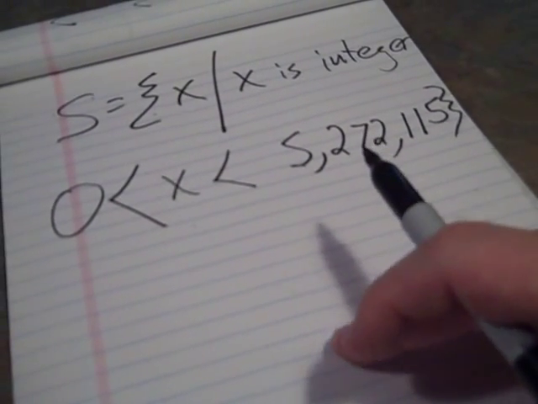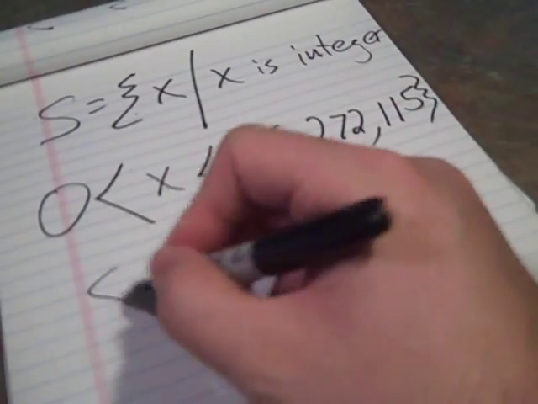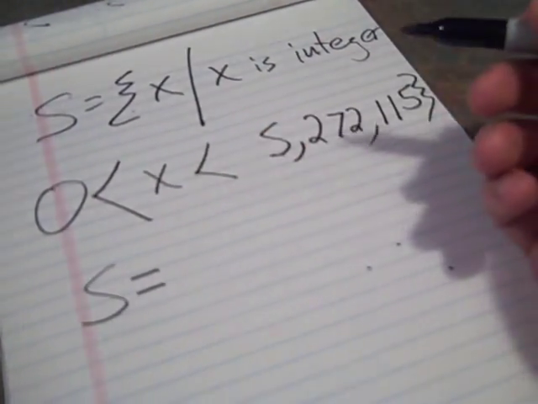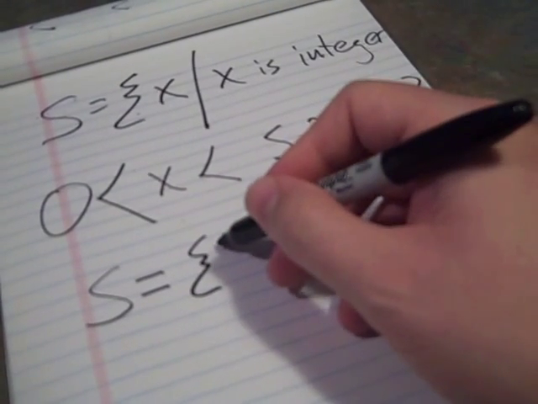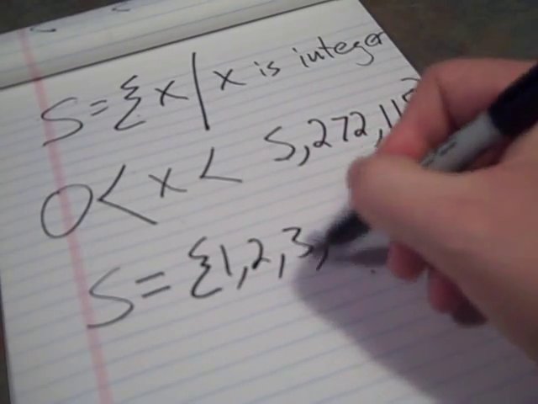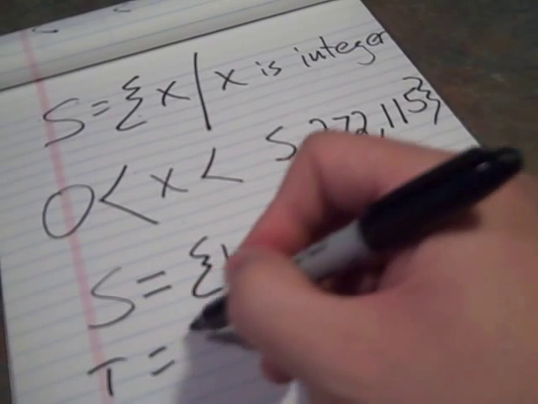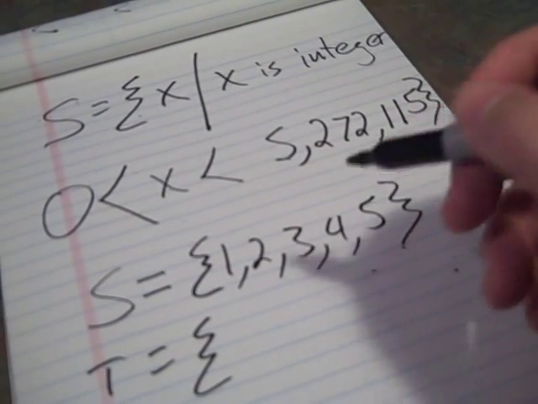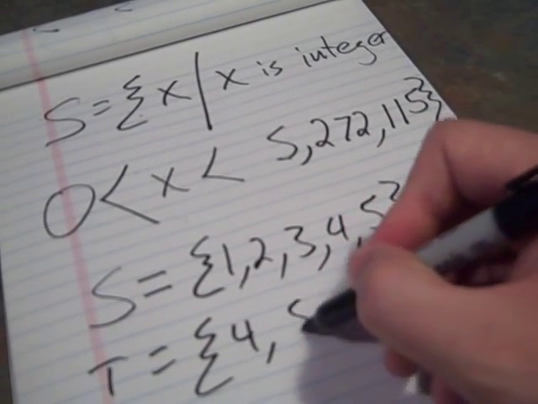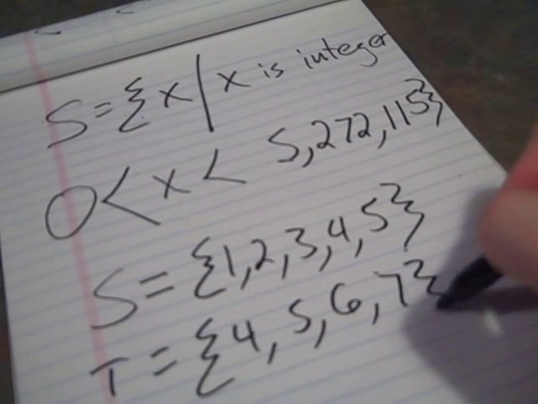Now let's talk about union of sets. Let's say that S is, call it 1, 2, 3, 4, and 5, and T, call that, call it 4, 5, 6, and 7.